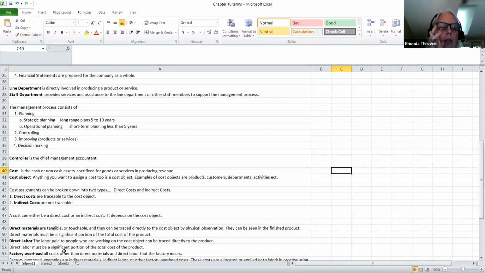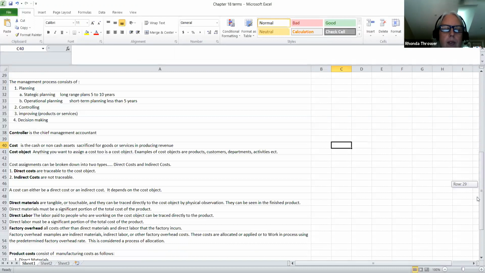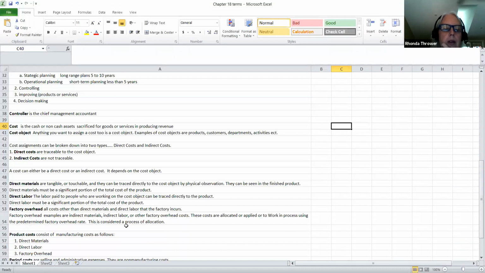So in order for it to be a direct cost, such as direct materials and direct labor, it really needs to have a significant effect on the total cost of the product. And they both have to be traceable to the product itself, which is the cost object, or which will be the cost object in most of the cases that we will be working with.